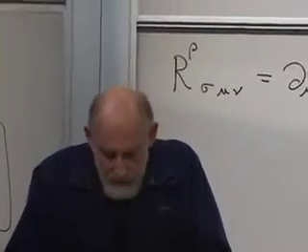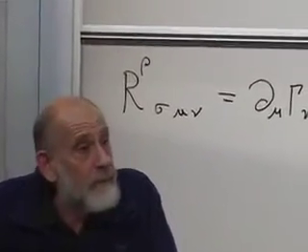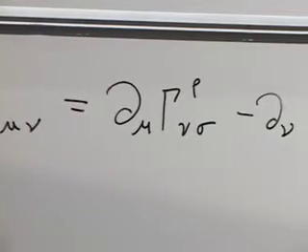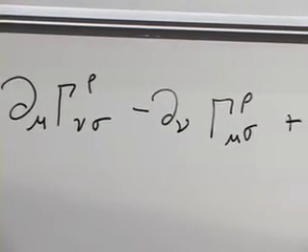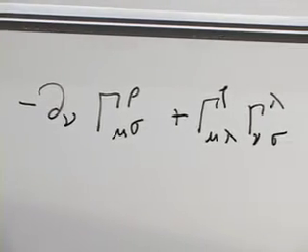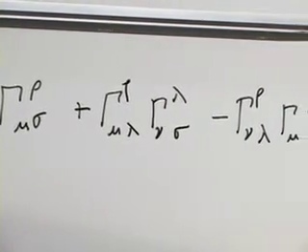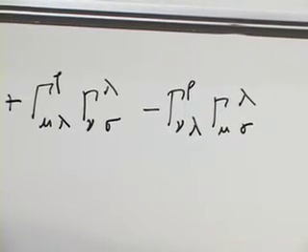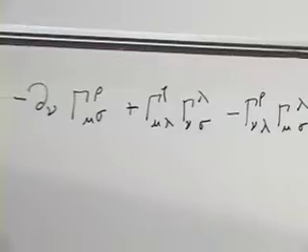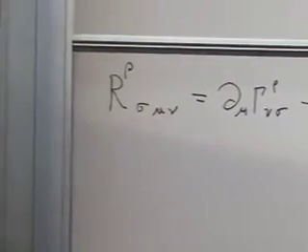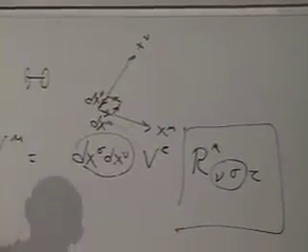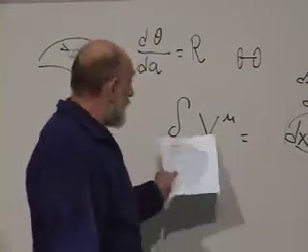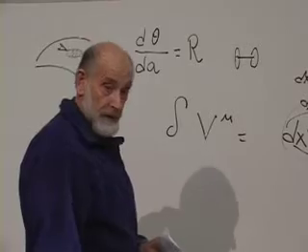Any questions up till now? You know it's a tensor. You actually know it's a tensor from its definition. Well, how do you know it's a tensor? The left-hand side. First of all, how do I know that the left-hand side is a vector?